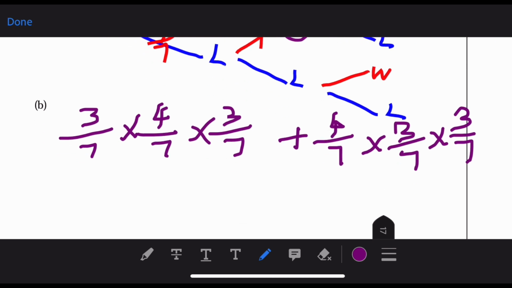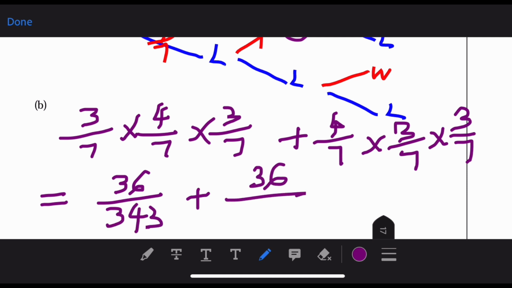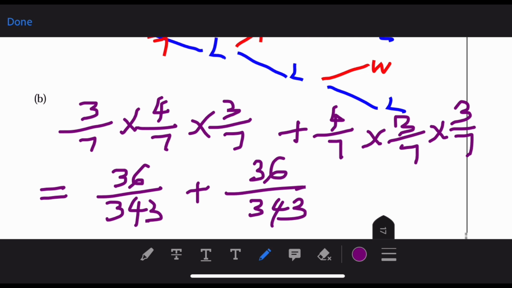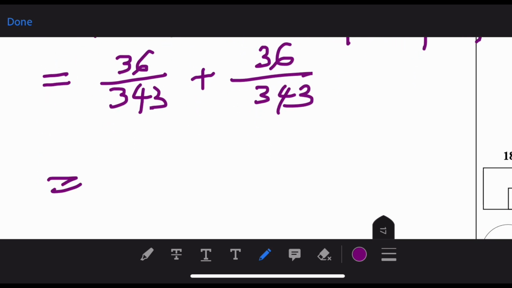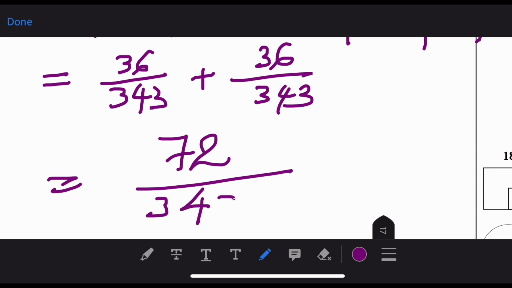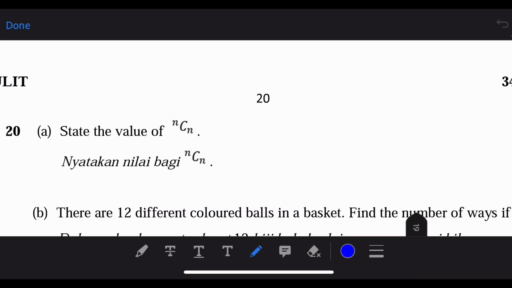So finally the answer should be 36/343 plus 36/343, and your answer should be 72/343, right? Okay, that is a question about probability.